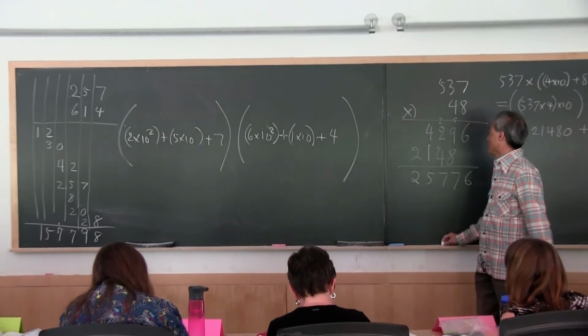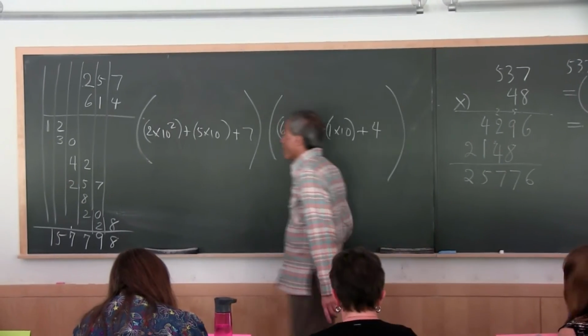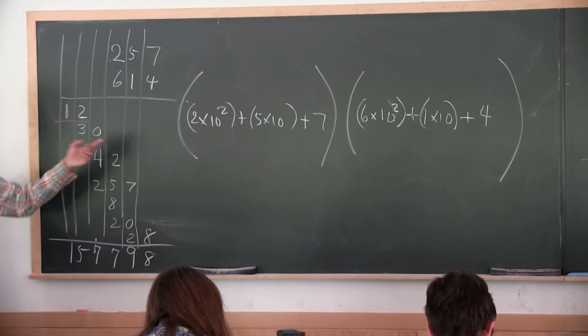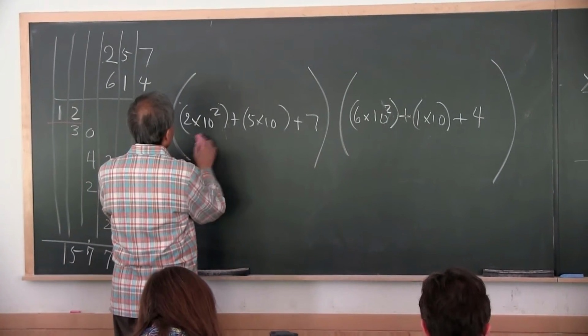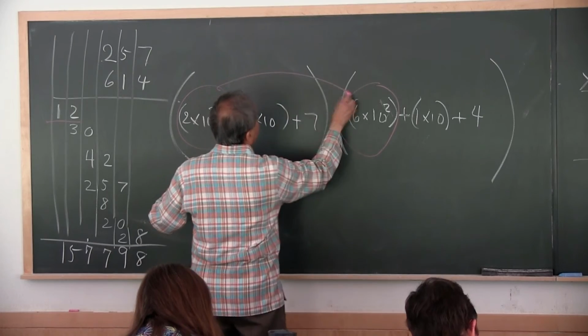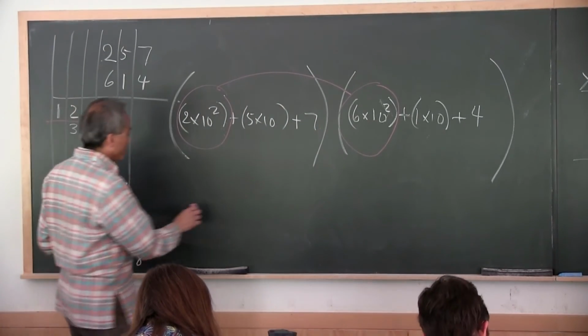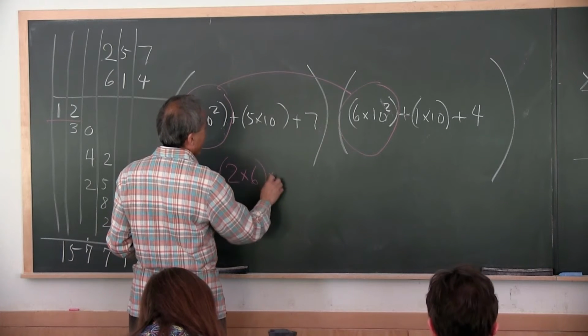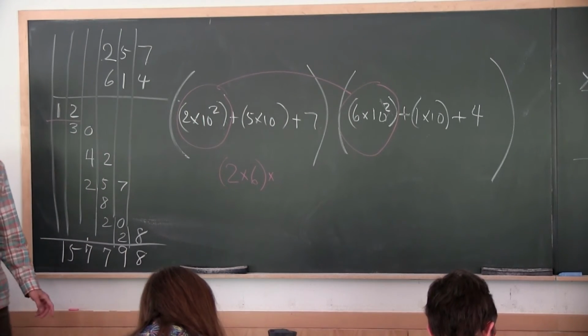Now watch. It suffices for me to do one for you, right? Why is this shifted 2 places over? Look at this and this. Multiply that: 2 times 6 for sure. What's the power of 10?